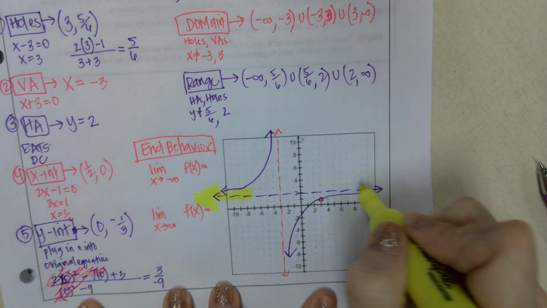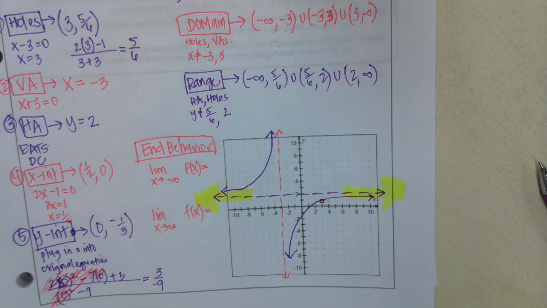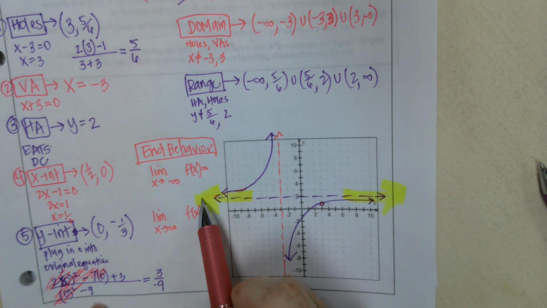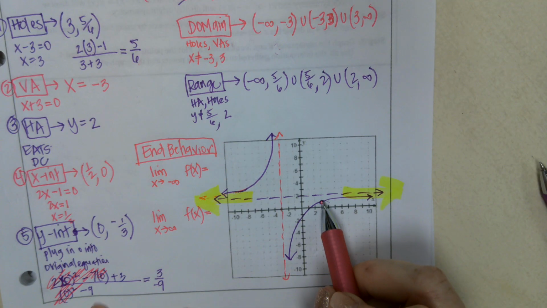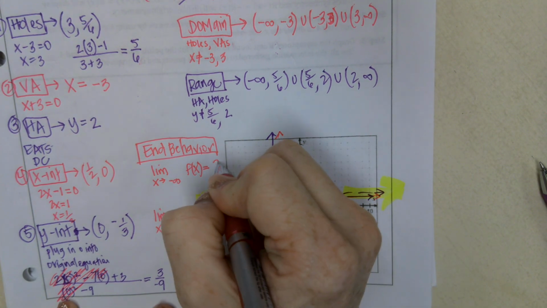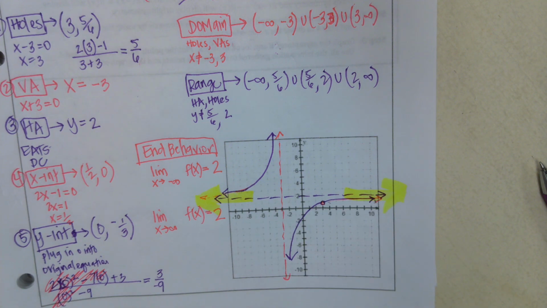The further I move this way, the further I move that way, what values are those graphs approaching? What number is the left side of my graph getting closer and closer to? Careful. 2. It is getting closer and closer to 2.